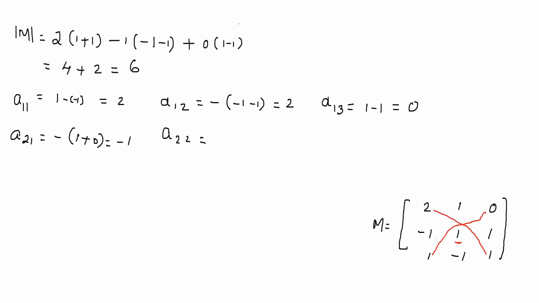After cross multiplying we get cofactor of A22 as 2 minus 0, which is equal to 2.